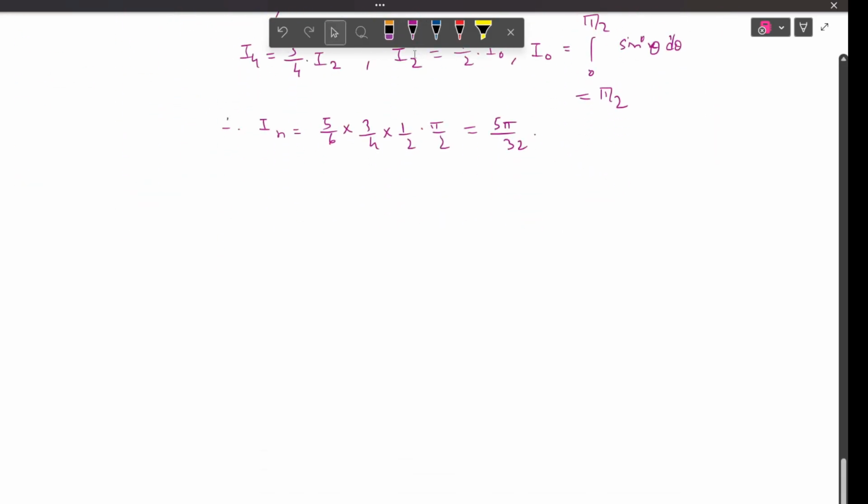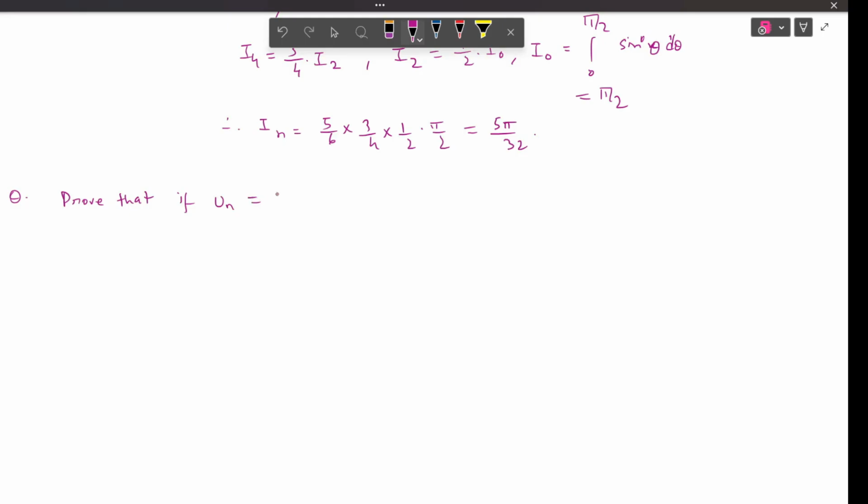Let us see another question. Prove that if u of n is the integration from 0 to 1 of x to the power n tan inverse x dx, then n plus 1 u of n plus n minus 1 u of n minus 2 is pi by 2 minus 1 by n.